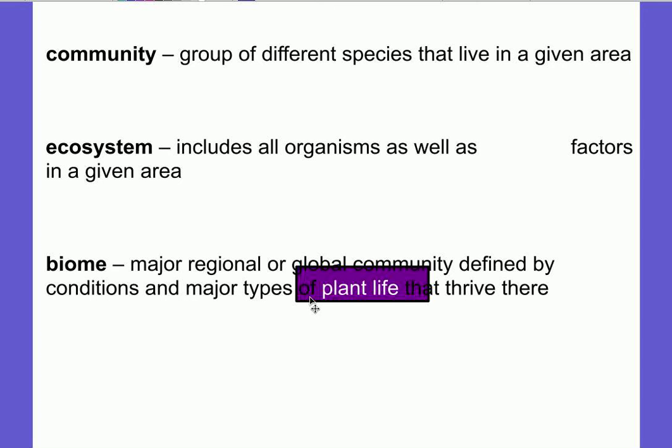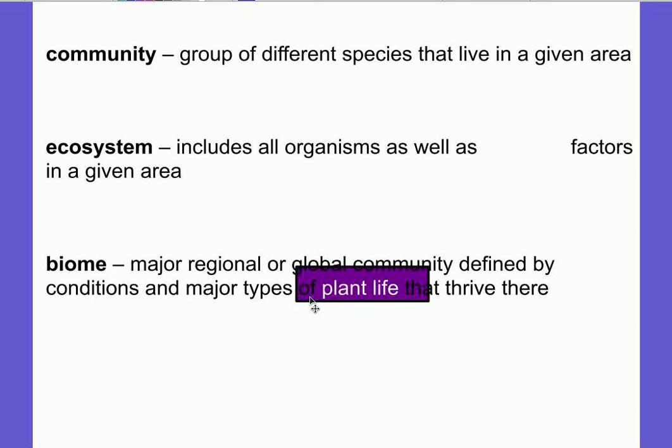So we'll go through some biomes as we get farther into this chapter. But basically, when you think about biomes, right, you can have grasslands, you can have forests, you can have even a desert that lacks plant life. But a lot of those things are pretty obvious when you talk about them, understanding what might be found there.